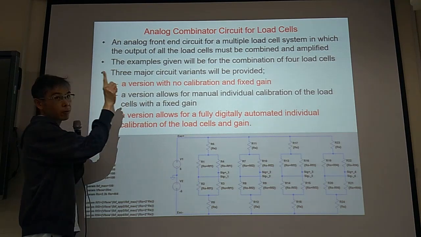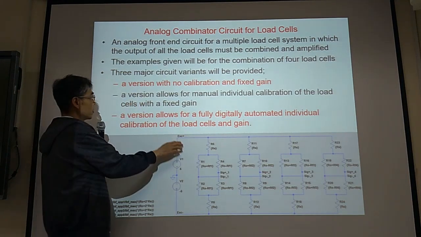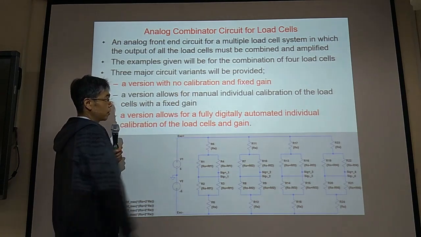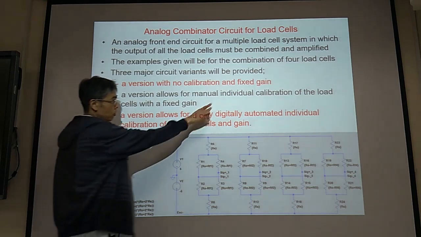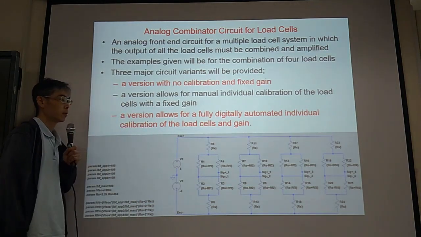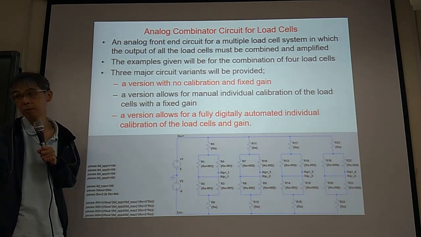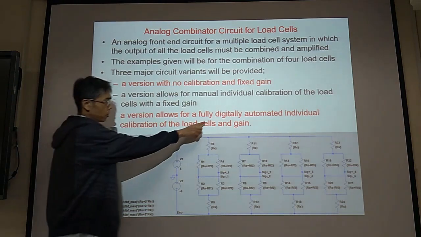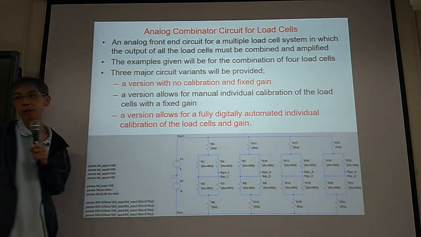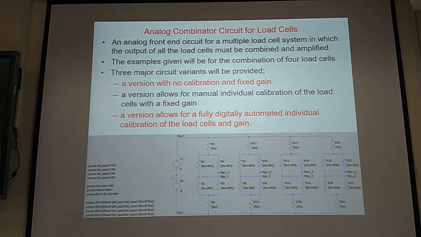The first case, we don't consider calibration. The second case, we allow individual calibration because we have several load cells. And finally, it's automatic calibration. It's more advanced.